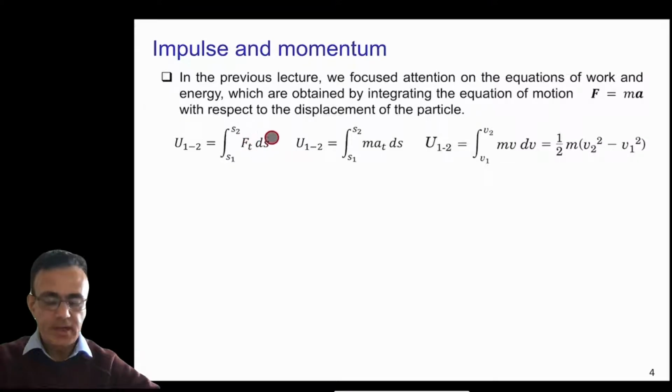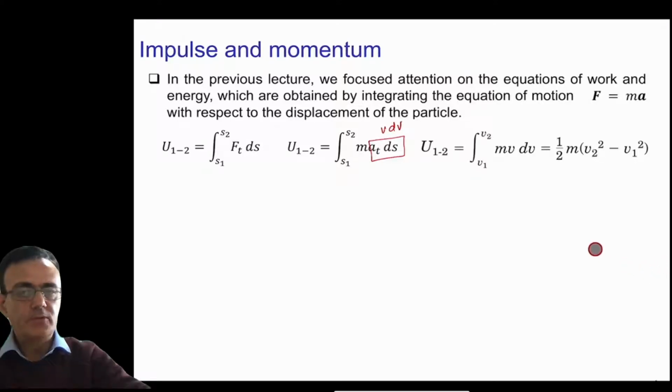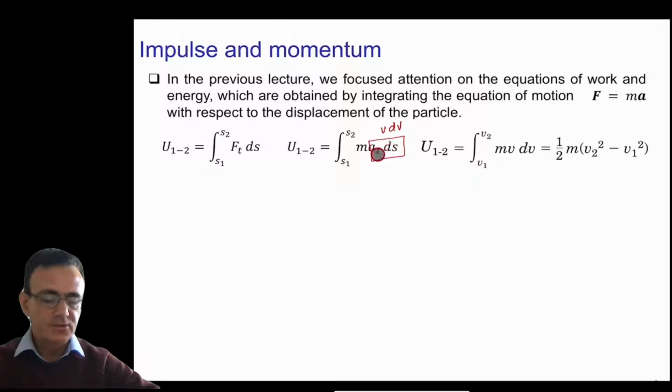You integrate this with respect to displacement, and then we replace this Ft by mat, due to Newton's second law. And then you can replace at ds by v dv. If you replace this and do the integration, you will get the final kinetic energy minus the initial kinetic energy.